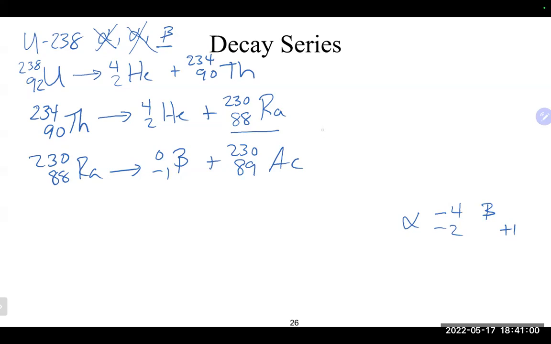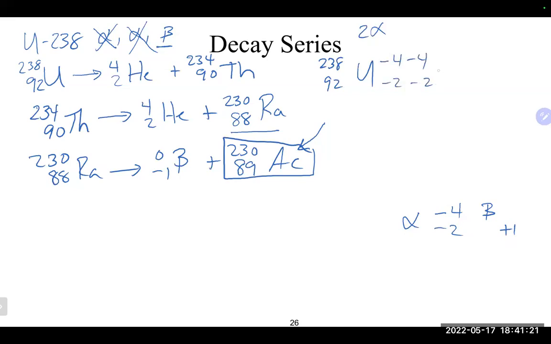Now, for example, if we were just interested in where we end up in this very short process, we could start with our uranium 238 and 92, and it went through 2 alpha decays, which means I should subtract 4 and 4 from the top and 2 and 2 from the bottom.